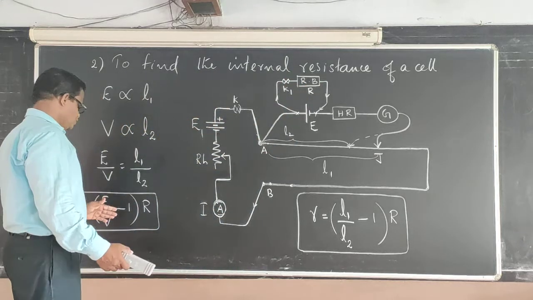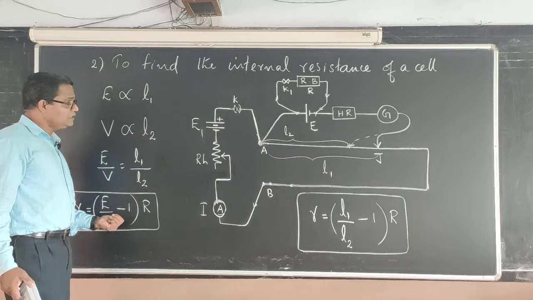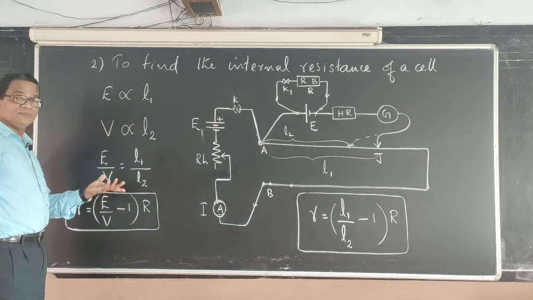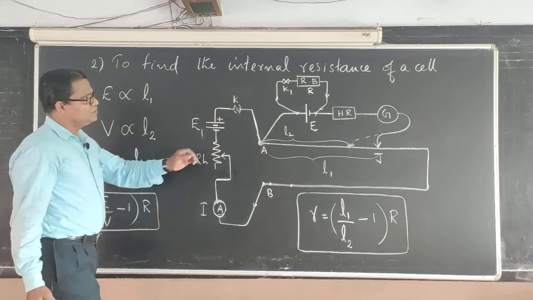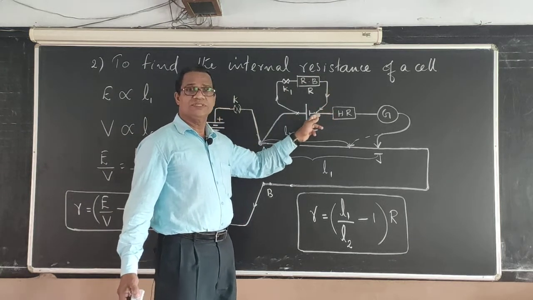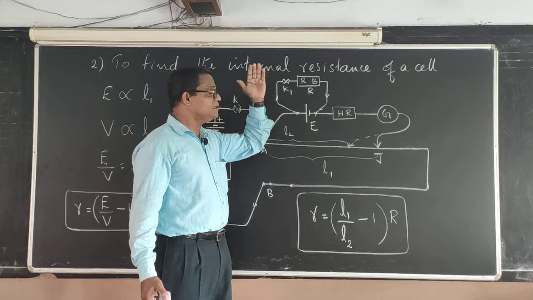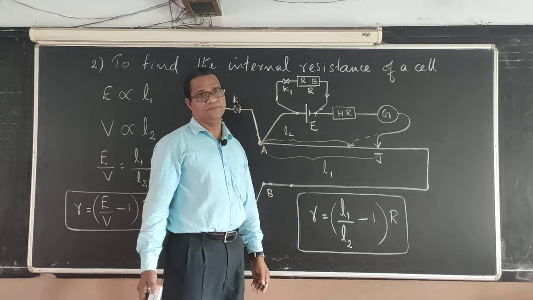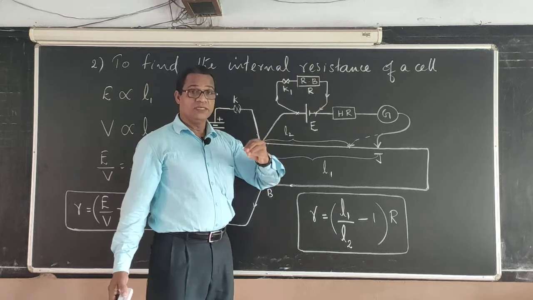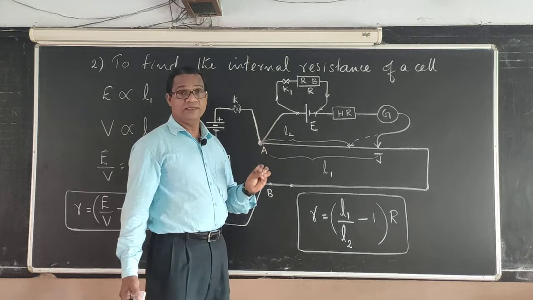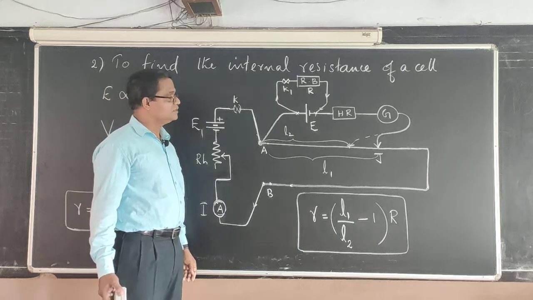Okay, you are taking the formula straight away from the basic circuit theory, and in that you will be substituting the value of E by V. So this bypassing circuit is actually set here to get two conditions: one, the EMF, and the other, the terminal potential difference. Understand that when you make the bypassing connection here, remember it is made there to get the terminal potential difference in the experiment. Right?